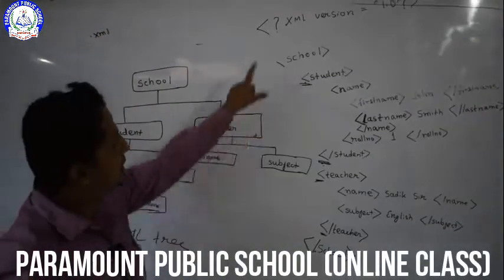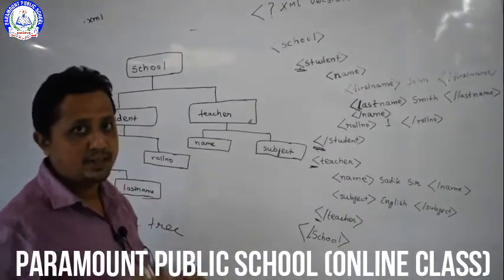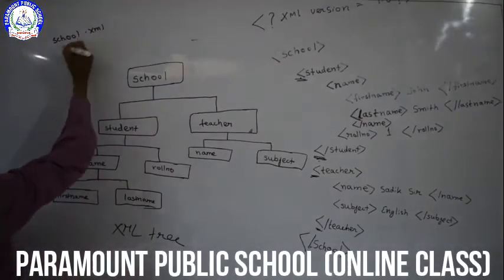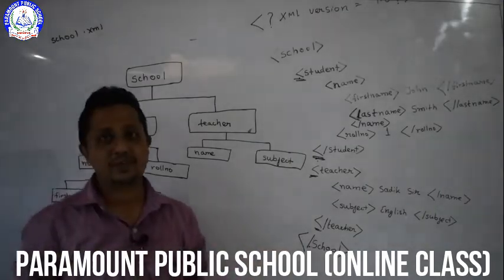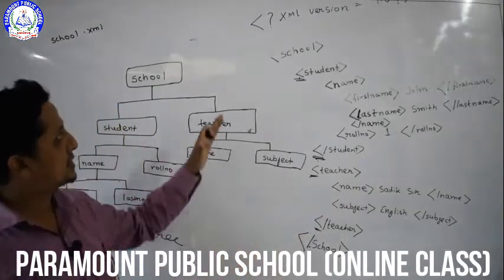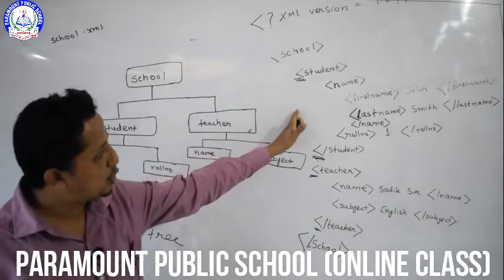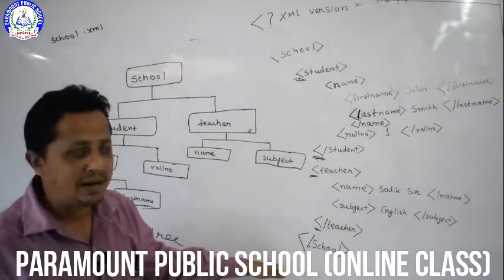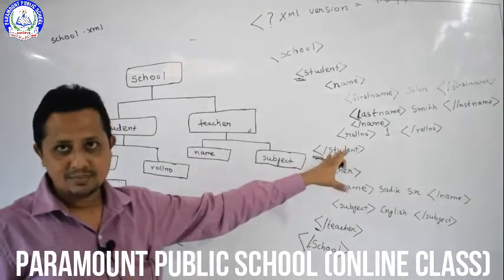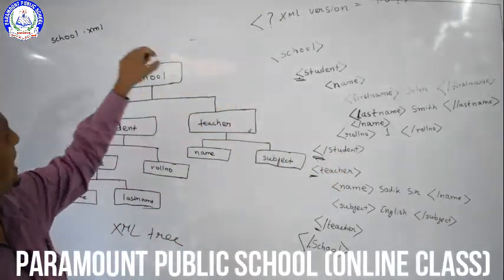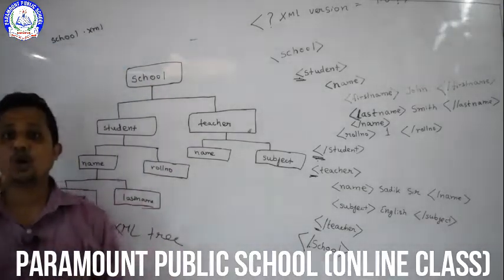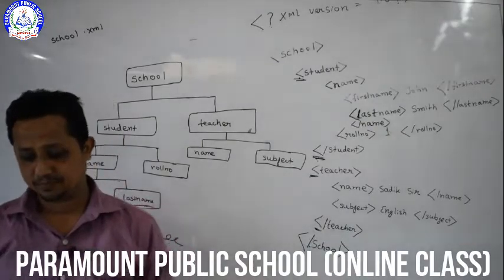Say for this one, the name of the document is school, so it will be school.xml. You can have any name; there is no limitation that the name must be this. So I have typed this XML document in notepad and I will be saving it as school.xml. So the file extension is .xml.